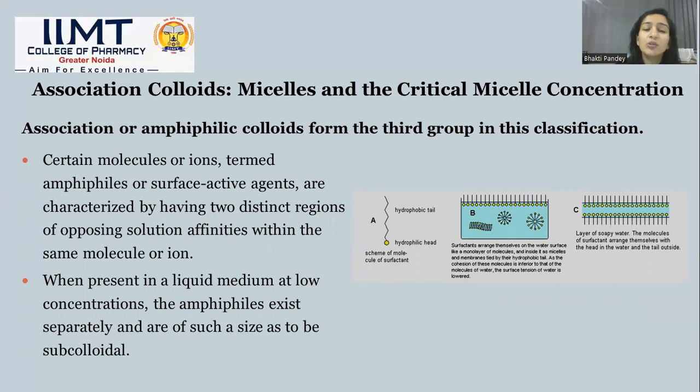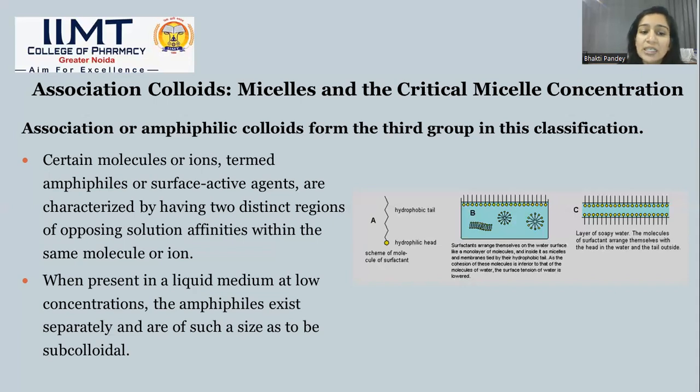Certain molecules or ions termed amphiphiles or surface active agents are characterized by having two distinct regions of opposing solution affinities within the single molecule or within the same ion.